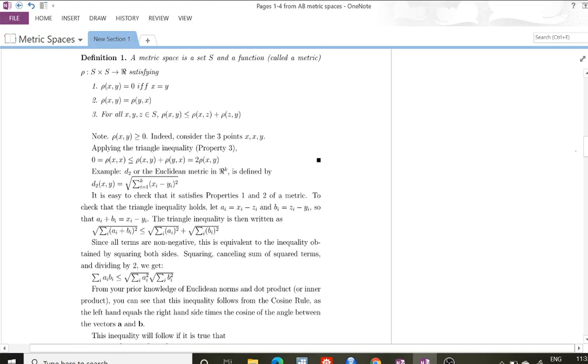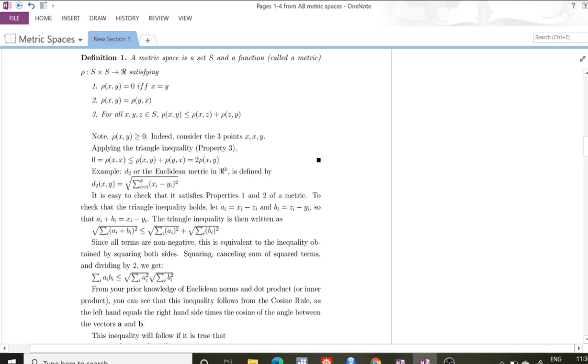Okay. So here's the leading example, which is D2, or the Euclidean metric, in the space Rk, right? The k-fold set of real numbers.